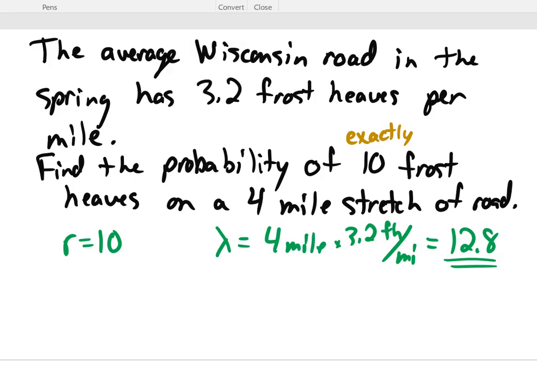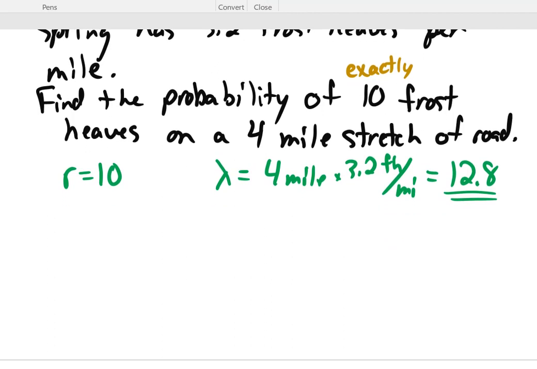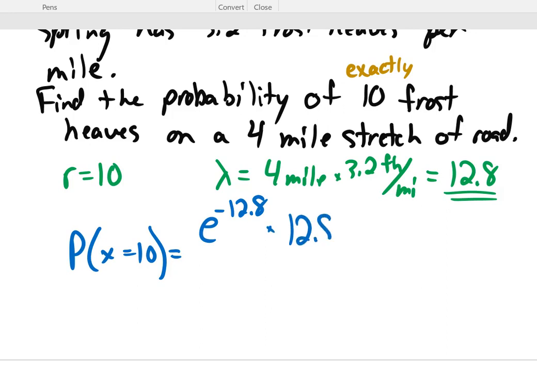So our Poisson probability here, that x equals 10, is going to be e to the power of negative lambda, so e to the negative 12.8, times lambda, 12.8 to the power of r, so the power of 10, divided by 10 factorial.